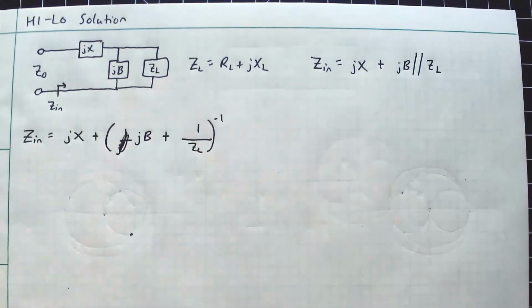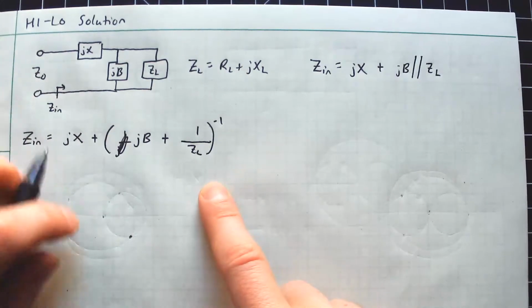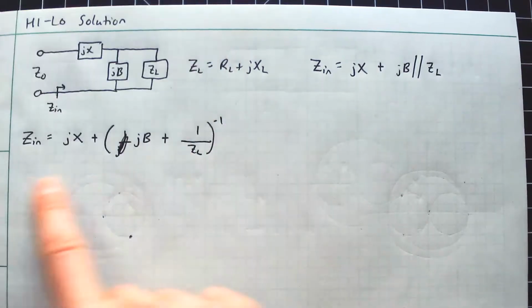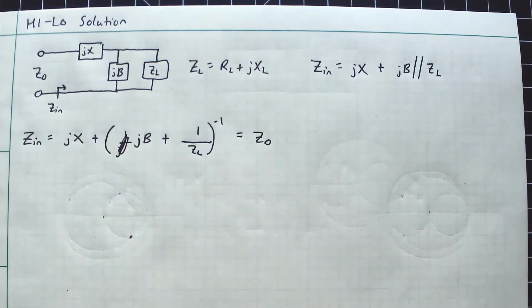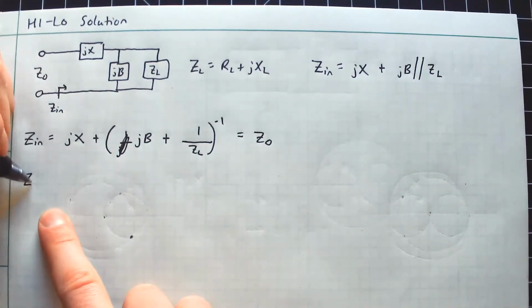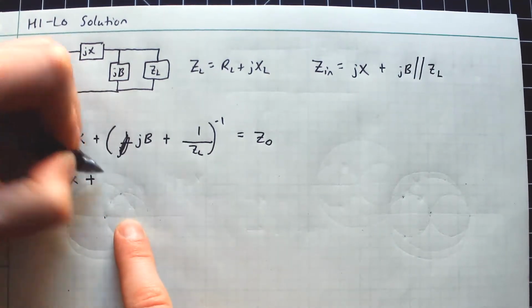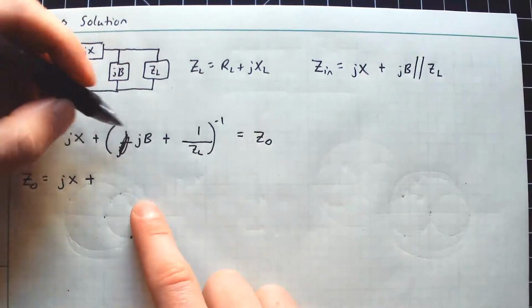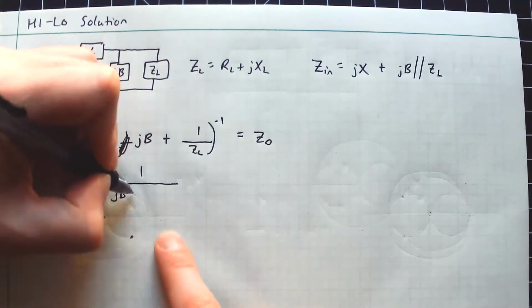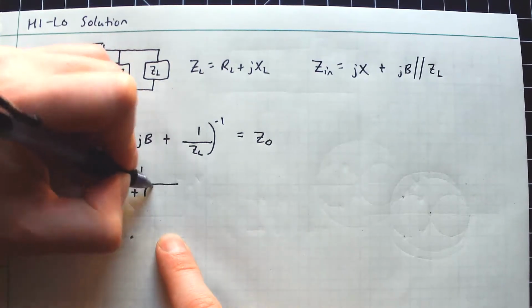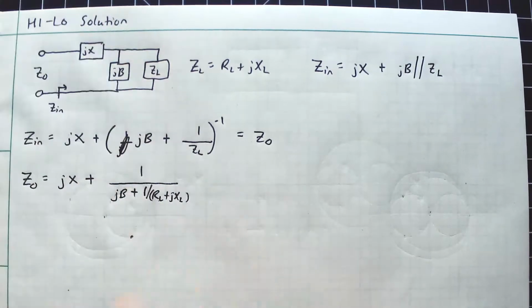That's the parallel combination of these two terms. We also want this to match to be Z naught. So Z naught is equal to jX plus, written more neatly, 1 over (jB plus 1 over (R sub L plus jX sub L)).